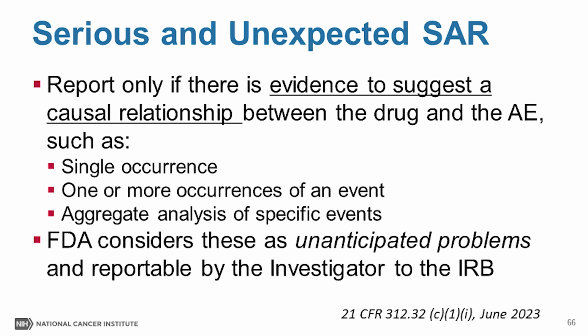One or more occurrences of an event that is not commonly associated with the product, but is otherwise uncommon in the population exposed to the drug, such as, say, a tendon rupture, or an aggregate analysis of specific events observed in a clinical trial, such as known consequences of underlying disease or condition under investigation, or other events that commonly occur in the study population independent of drug therapy, that indicates those events occur more frequently in the drug treatment group than in the concurrent or historical control group.